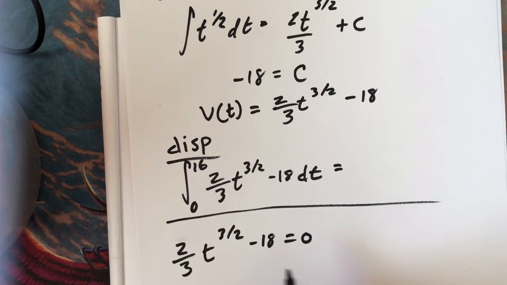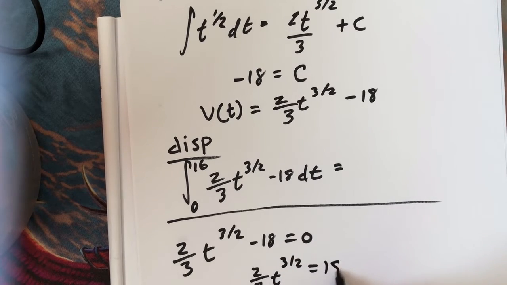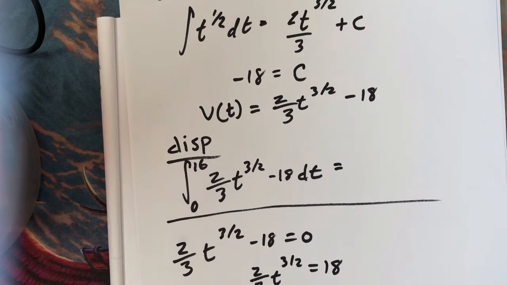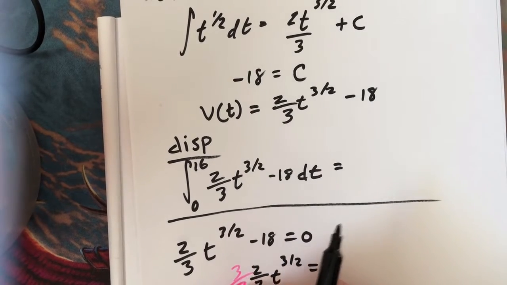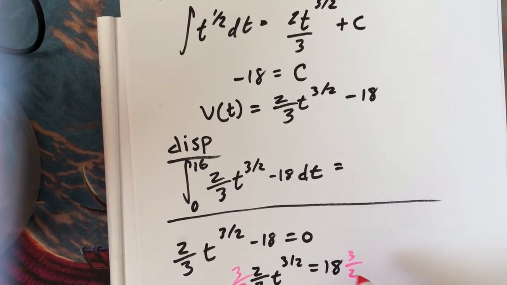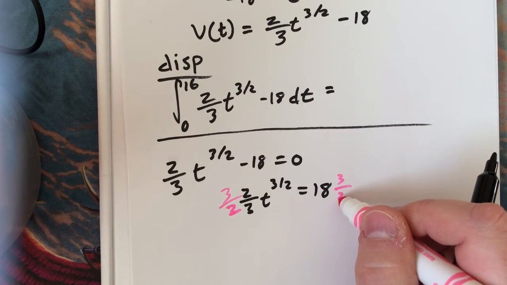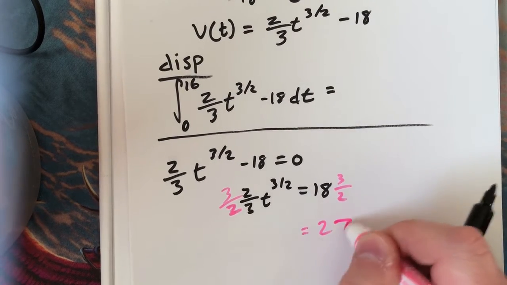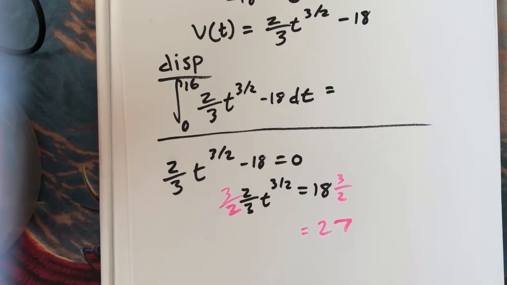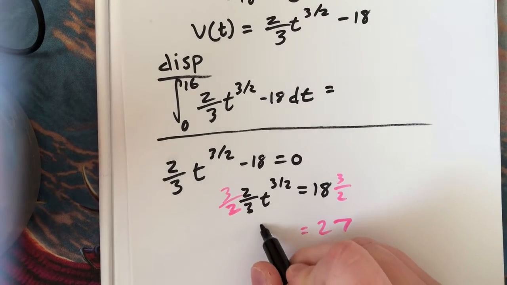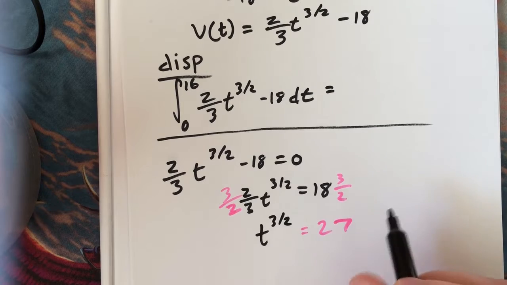So I'll add 18 over here, and then we're going to have to get rid of the 2/3 somehow. Remember, to get rid of a fraction, you just multiply by the reciprocal. So 18 times 3/2, well, I'll divide by 2 first and get 9, then times 3 and get 27. So I got t to the 3/2 is equal to 27.